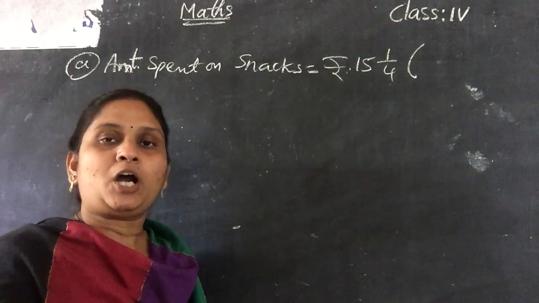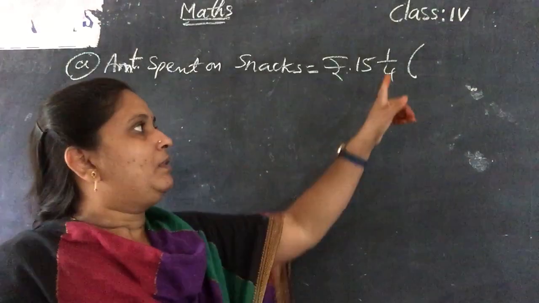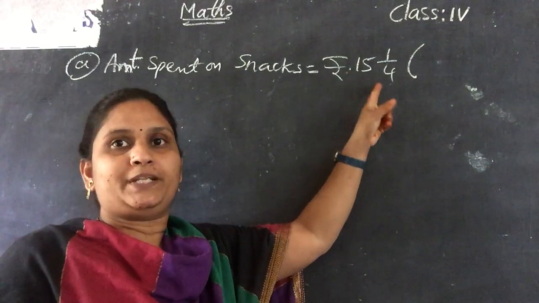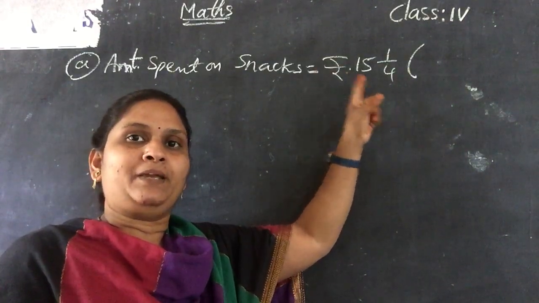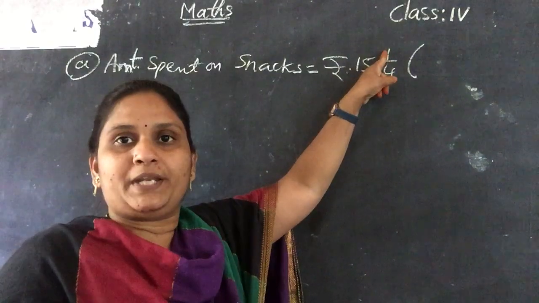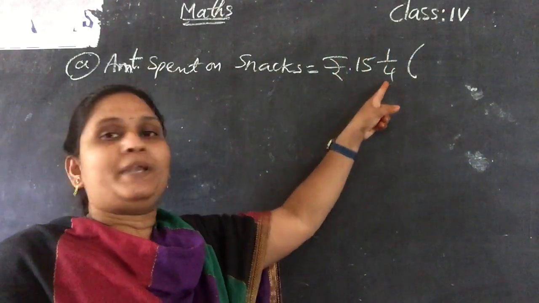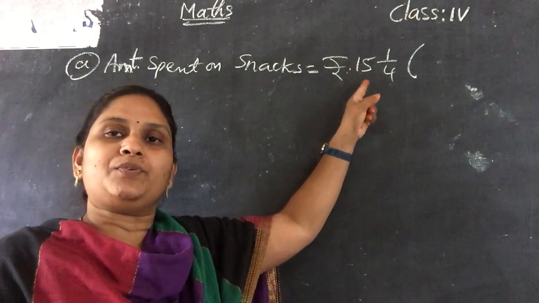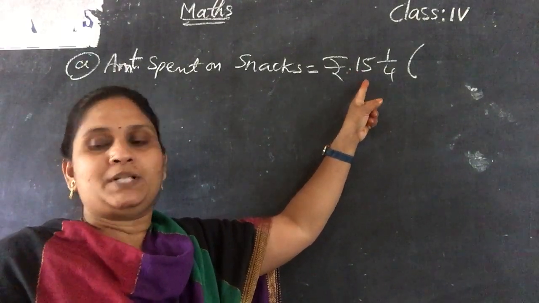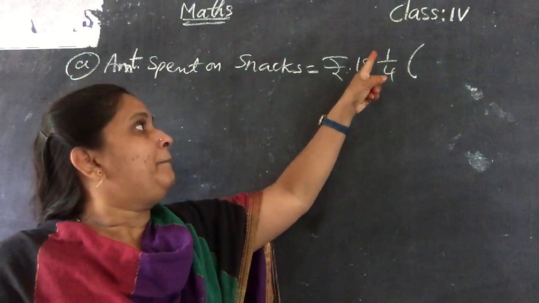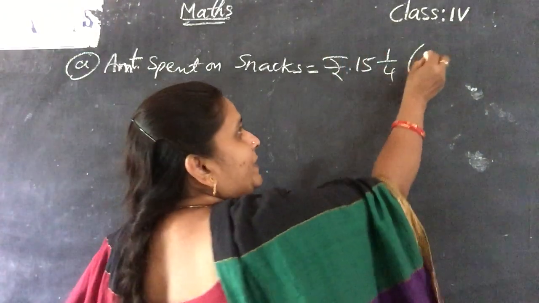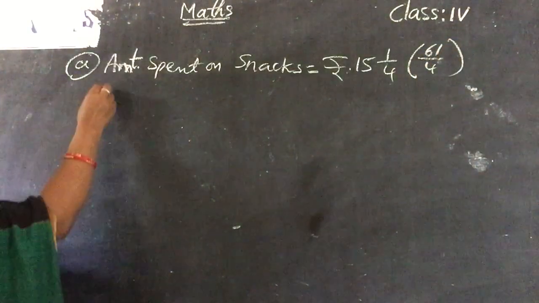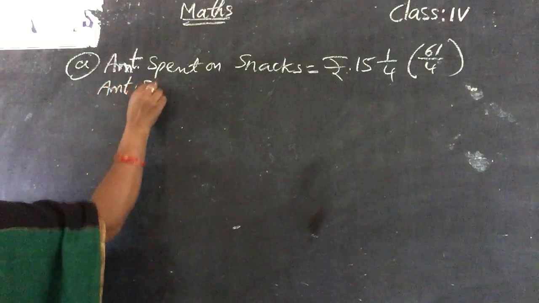Already you know how to convert: the whole number and the denominator both should multiply, and to the product we add the numerator. Here the denominator is 4 and the whole number is 15. So 15 4s are 60. 60 plus 1. How much will the numerator be? 61/4.